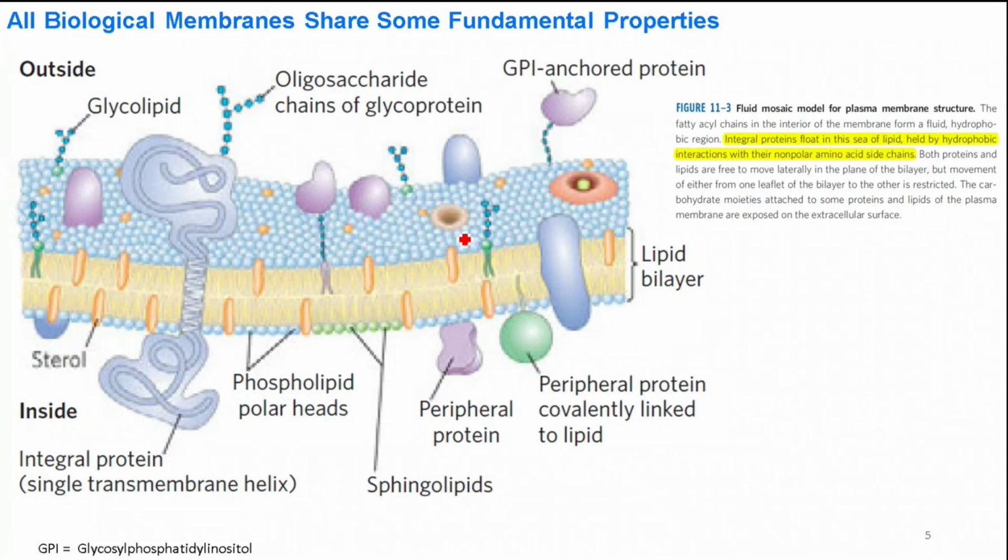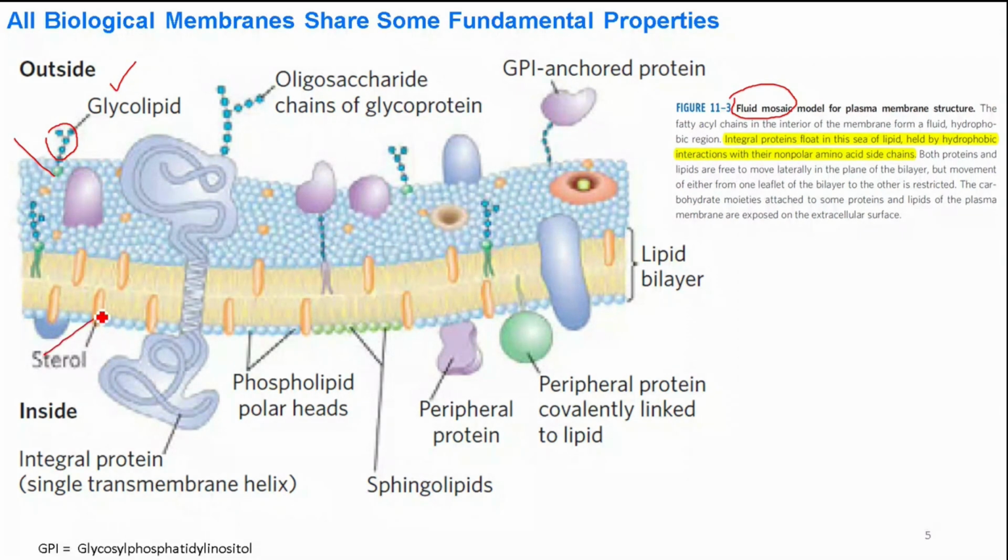So this is one of the representative models of the cell membrane, and we have heard many times about the fluid mosaic model of the cell membrane. Different components are shown here in this picture. For example, the galactolipid has been shown. This is the carbohydrate component that is attached to the lipid, that is the galactolipid component of the membrane. And the next one, the sterols, are embedded in the cell membrane.